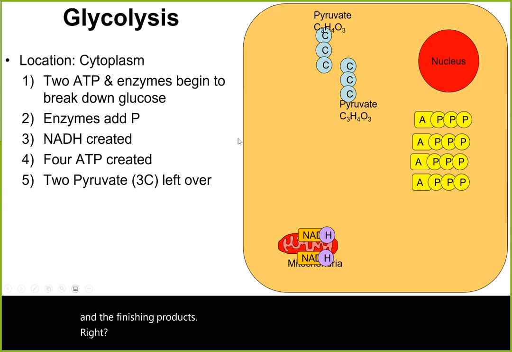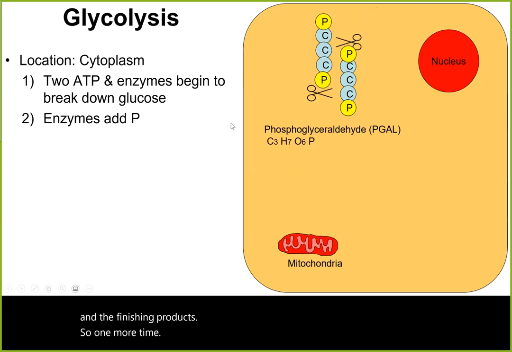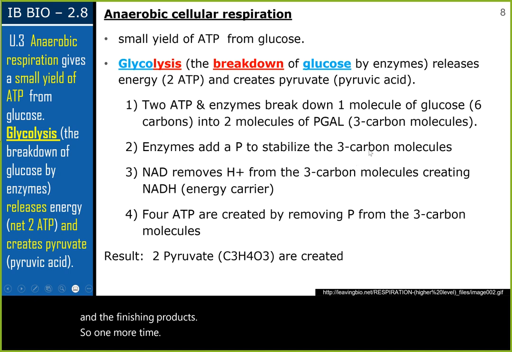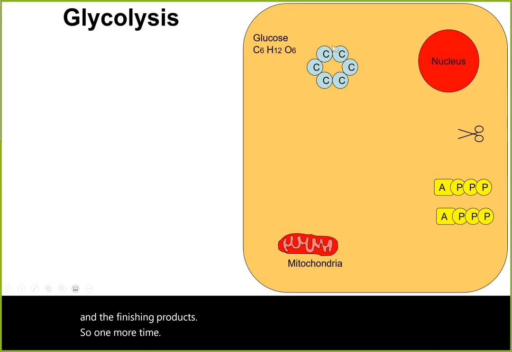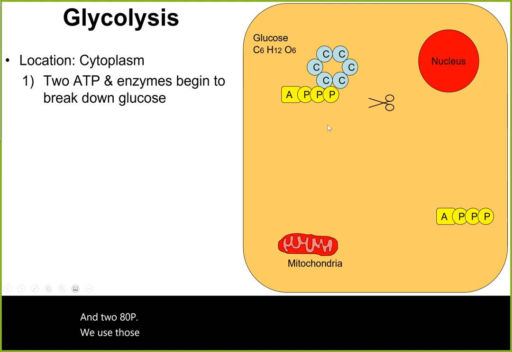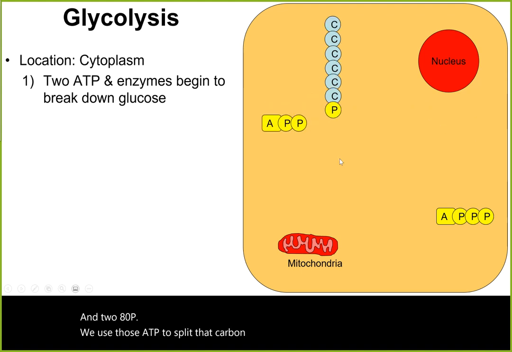So, one more time. We started with 1 molecule of glucose and 2 ATP. We use those ATP to split that carbon molecule, that glucose molecule apart.